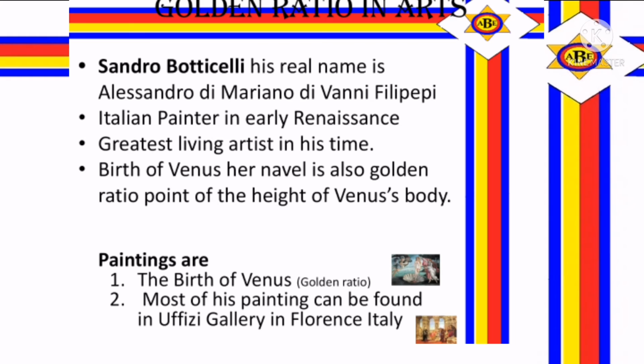He is also the greatest living artist in his time. In The Birth of Venus, her navel is also the golden ratio point of the height of Venus's body. Sandro Botticelli's painting is The Birth of Venus. Most of his paintings can be found in the Uffizi Gallery in Florence, Italy.